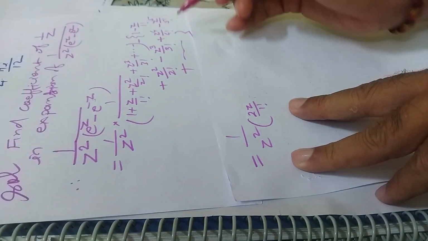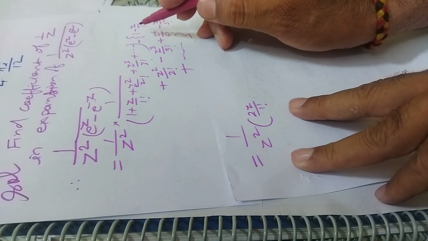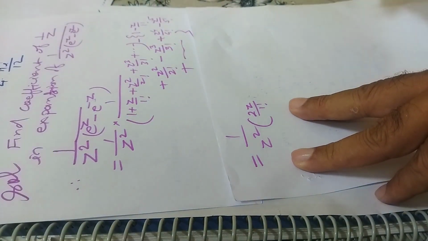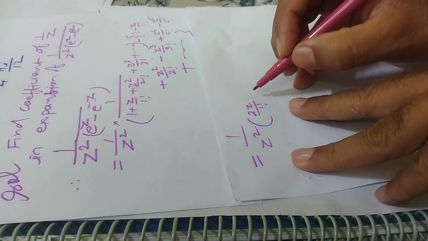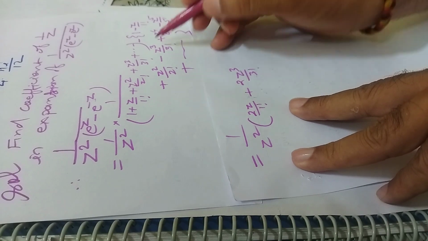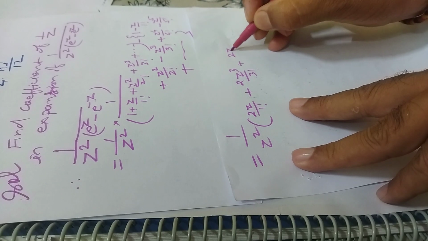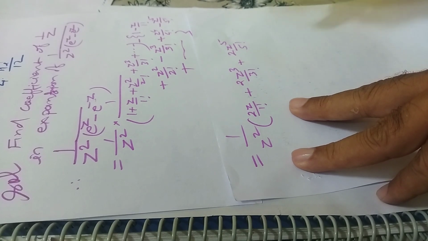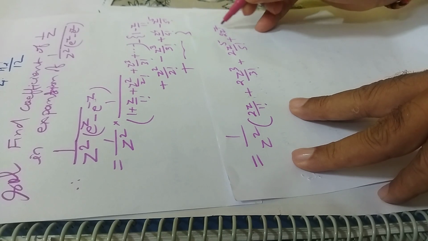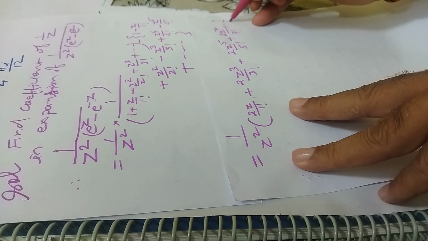This is plus symbol and this is also plus symbol, but this is minus, so these cancel out. Also z square upon 2 factorial cancels out, z cube upon 3 factorial plus z cube upon 3 factorial, that is 2z cube upon 3 factorial. In the same way, the z to the power 4 step cancels out, then twice z to the power 5 upon 5 factorial plus twice z to the power 7 upon 7 factorial and so on.